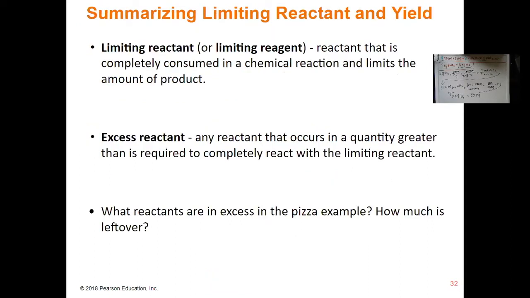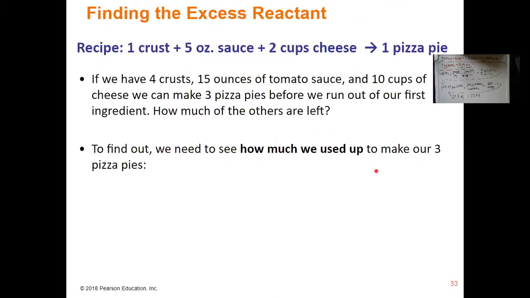Let's talk about this last bit. Let's talk more about this excess reactant, because we're frequently going to have at least one, probably more than one, excess reactant in a reaction, and we need to know exactly how much we have left over. So let's go back to our simplified example.